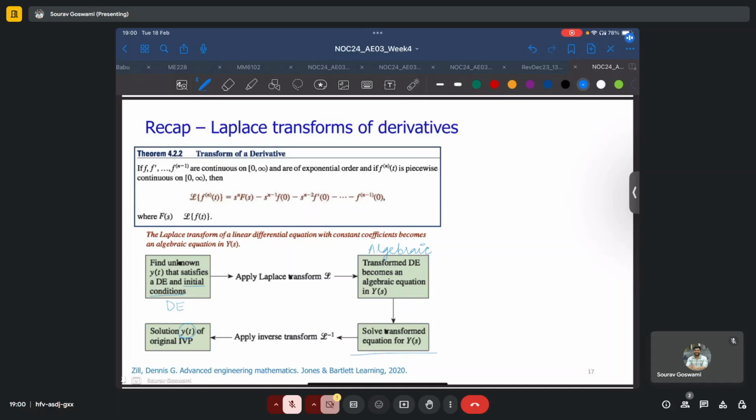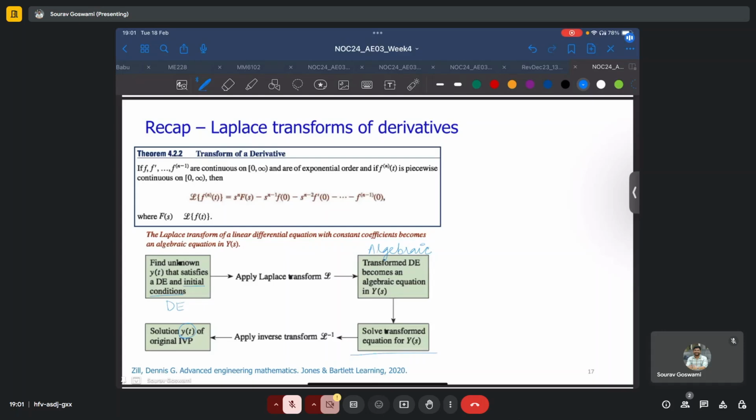Of course, for doing this, we must know how to transform those derivatives, and so this useful theorem is given to us. The Laplace transform of the nth derivative of f of t is equal to s power n capital F of s minus s power n minus 1 f at 0 minus s power n minus 2 f prime at 0 till f n minus 1 of 0.